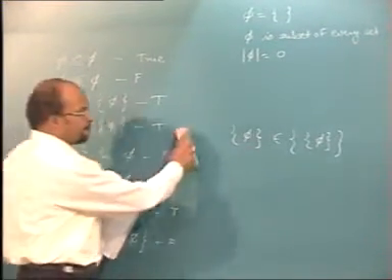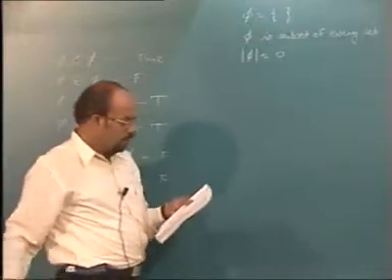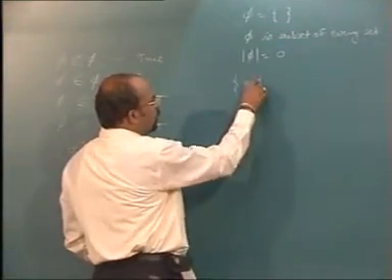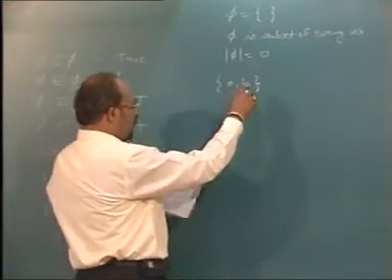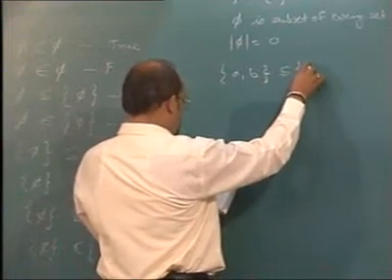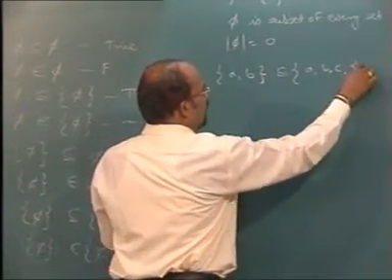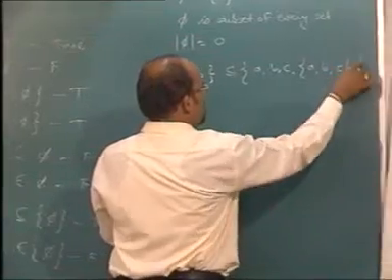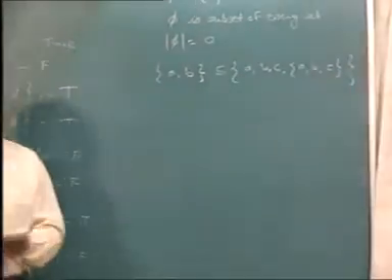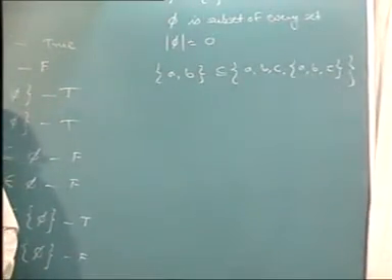Next, curly brackets a comma b is subset of curly brackets a comma b comma c comma curly bracket a comma b comma c. True or false?